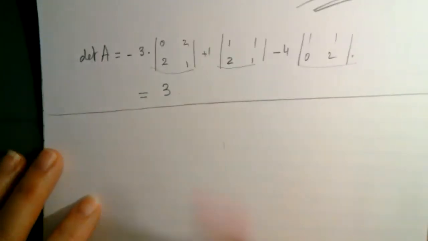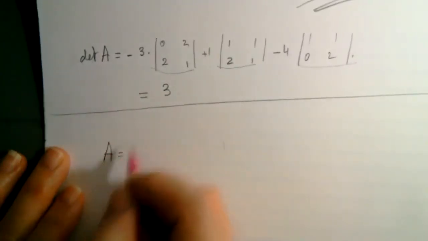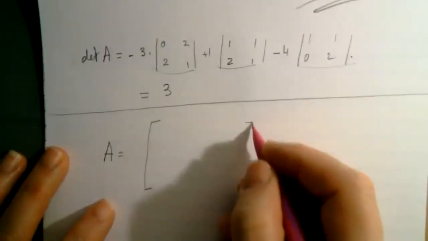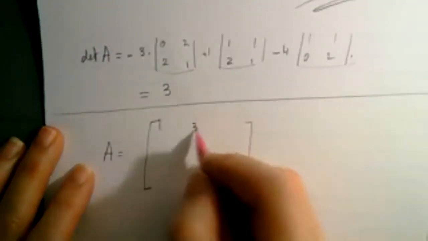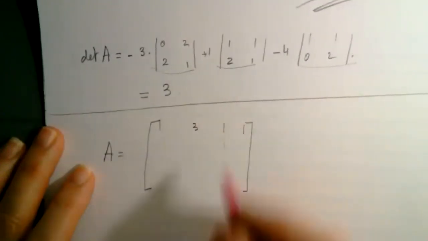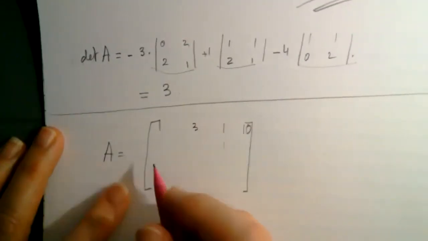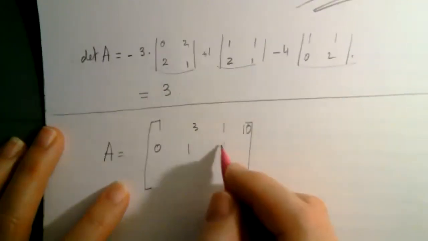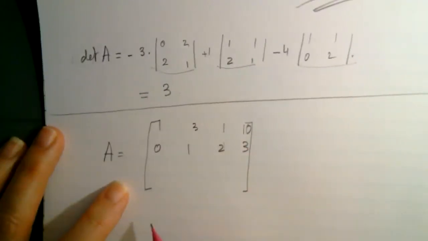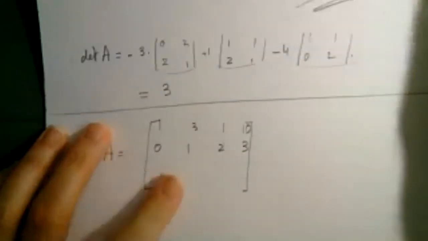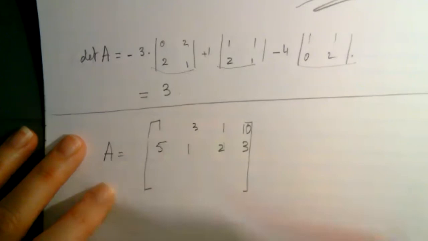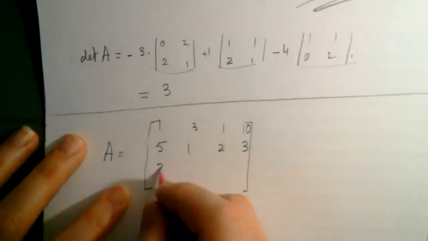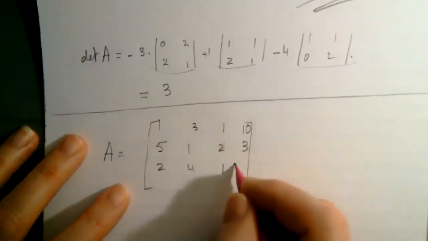So suppose I give you this matrix. 1, 3, 1, 1. 1, 1. Or 1, 10 for that matter. I don't care. 0, 1. 2, 3. Actually, I don't even want a 0 because I have no intention of computing that. 5. And then I give 2, 4, 1, 2.